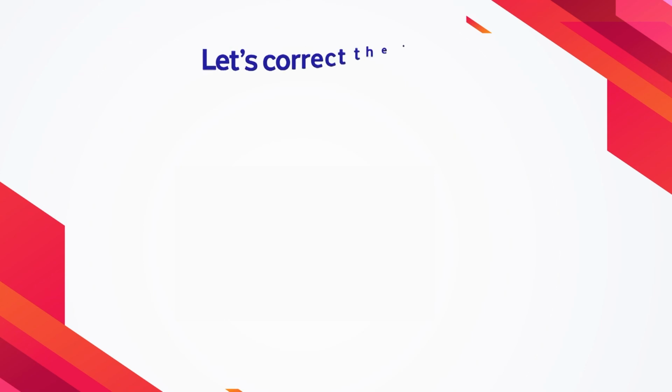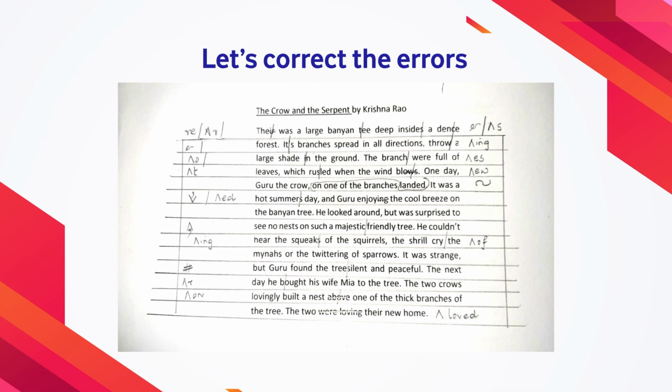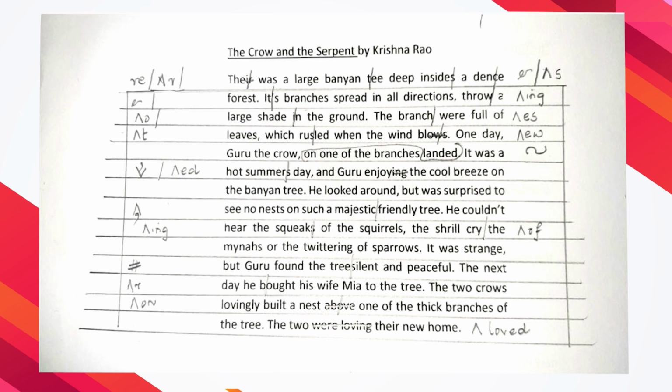Just for convenience's sake, and this is again a small hint that I'm sharing with you. When I'm proofreading a page, right, I like to underline it like I have done on this worksheet, and I like to leave wide margins, because it is in the margins that the proofreading marks have to be denoted.